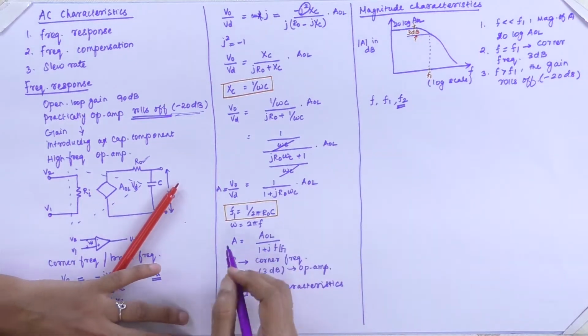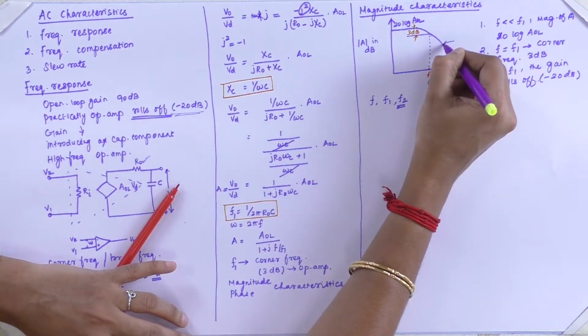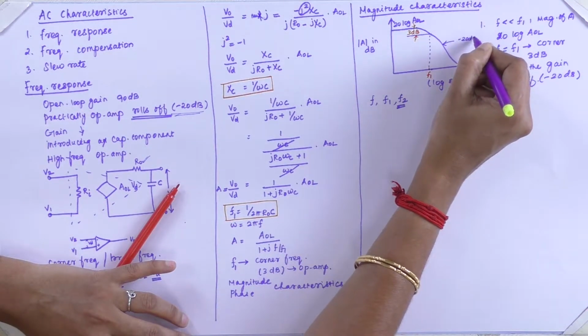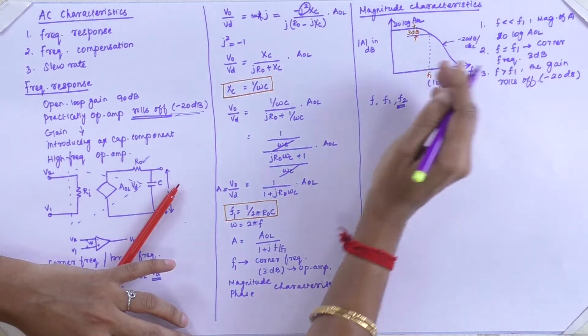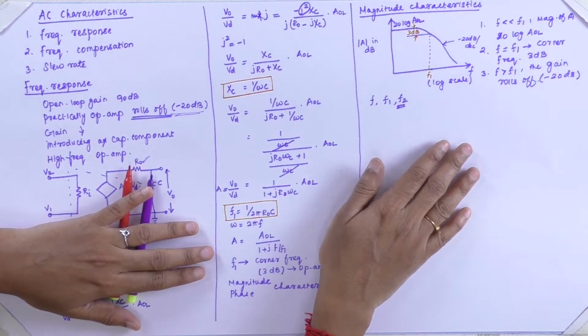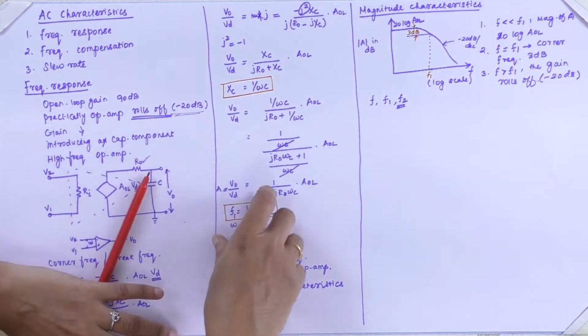This will be minus 20 decibel per decade. With every addition of a capacitive component, your gain rolls off by minus 20 decibels per decade. So this is the magnitude characteristics.